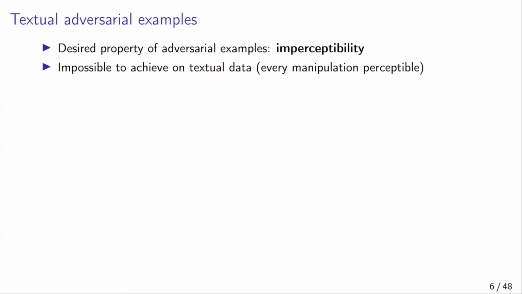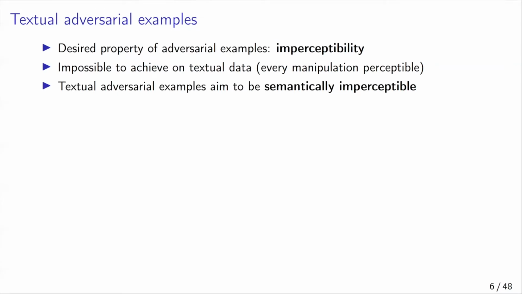If you change an individual character or an individual word, or you paraphrase the entire sequence, a human reader will be able to see that there has been a change. So instead of aiming for this visual imperceptibility, textual adversarial examples aim to be semantically imperceptible. Given an input sequence, you want to find another sequence that is semantically equivalent to the original one, yet it is misclassified by a reference model.